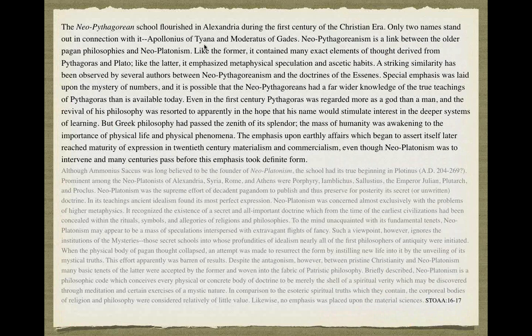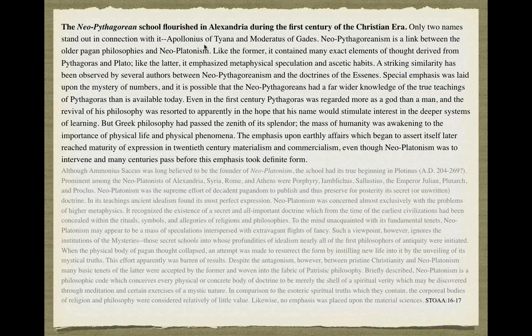Thanks, Karen. Any thoughts or questions about this paragraph? A lot of information. It's interesting that this school was based in Alexandria, home of the Great Library, which was destroyed in the third century AD.